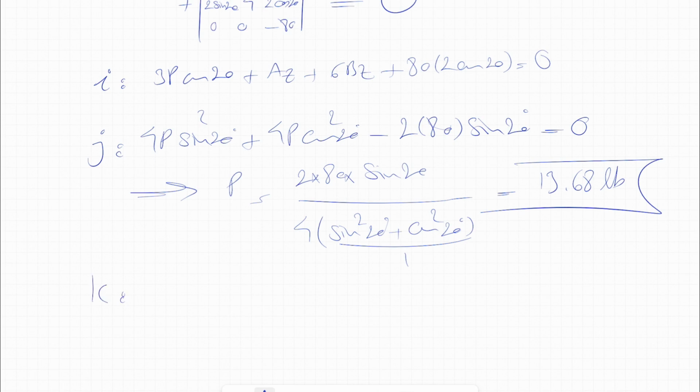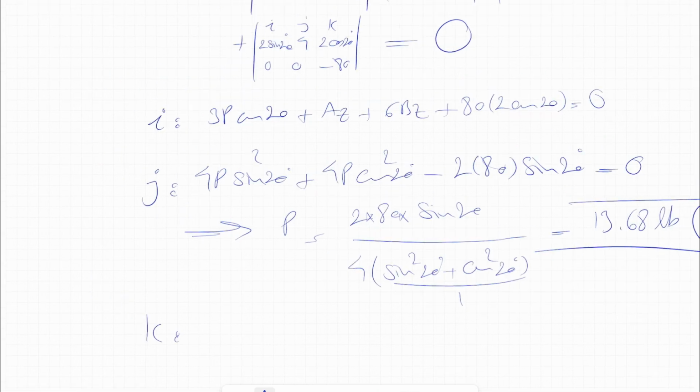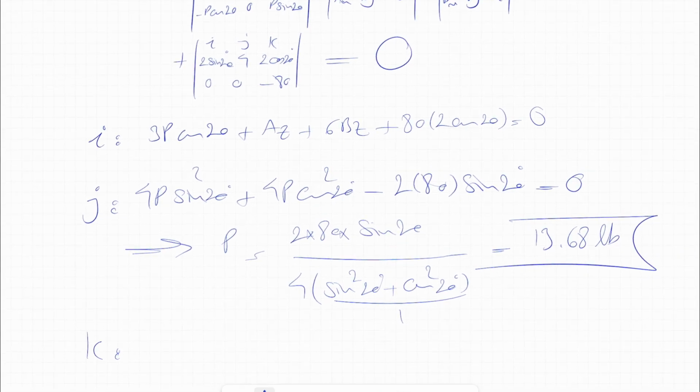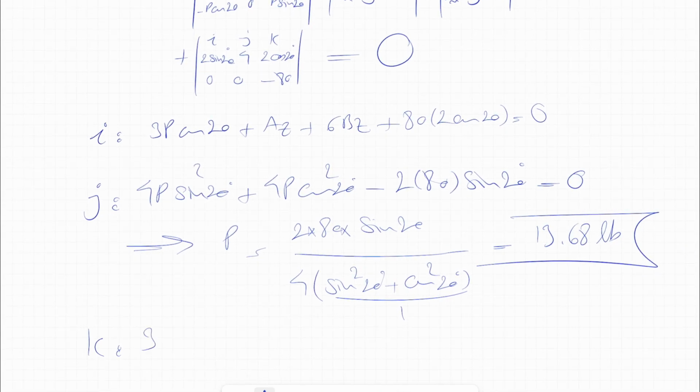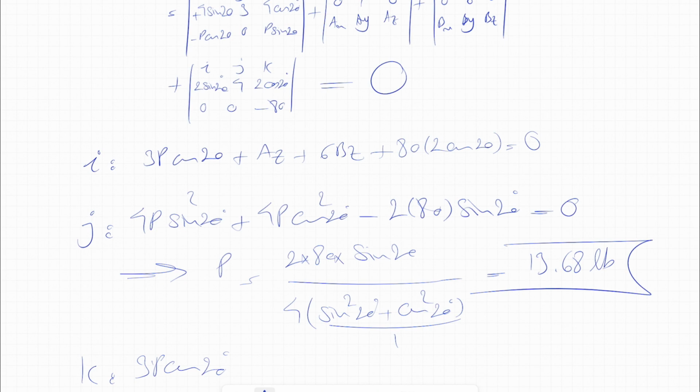So from the J component of our moment, we found P. And if we go to K, from the first component, we have 3P cosine of 20 from the first determinant.